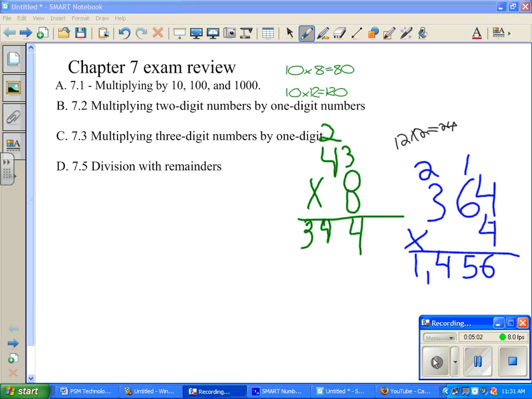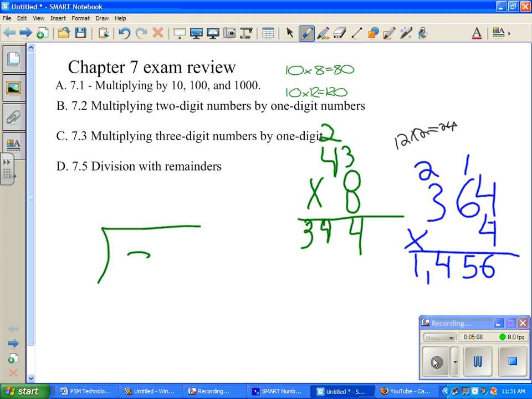Hello, my name is Kyla, and we're doing division with remainders right now. 31 divided by 2. 2 goes into 3 one time, and then you multiply 1 times 2, which is 2.